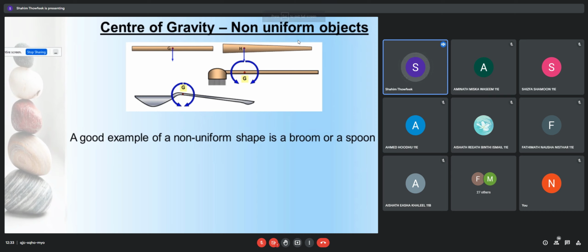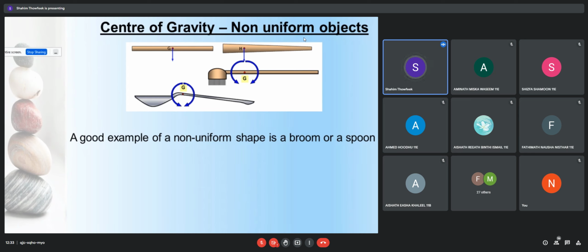How to find the center of gravity in non-uniform objects? Here we are using the concept of moments. This is actually a practical session.